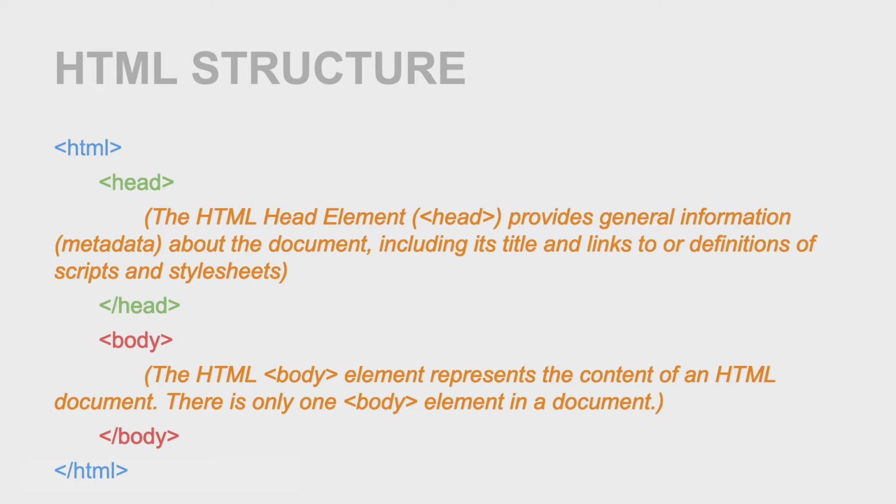So if it's outside of the body element, it isn't going to be rendered. Rendered just means drawn or shown, made into an image. So we're going to be working in both of these, but we'll be setting up settings within the head and then constructing our page within the body, what we're showing to the user.